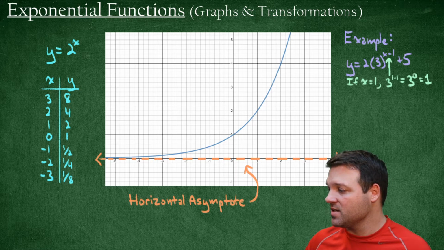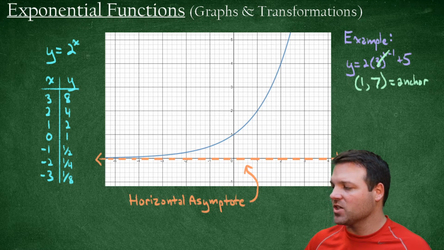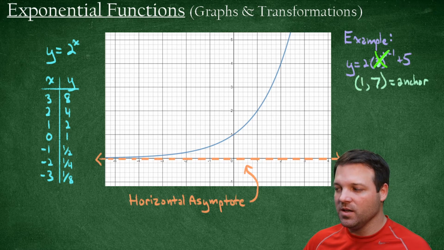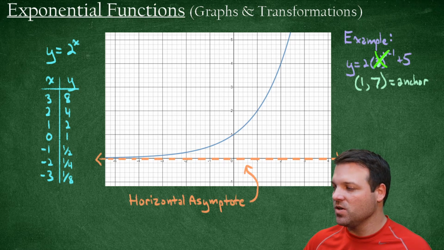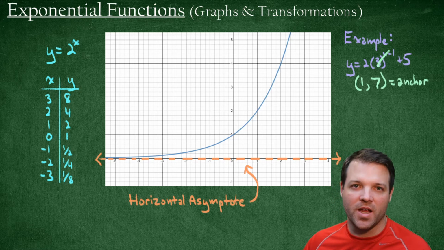So in this case, we would actually plug in x is 1, and when we do that, this will become 1, which is 2 times 1, so it's just 2, and then we get y is equal to 2 plus 5, which is 7 in this case. So 1 comma 7 would be our anchor point.